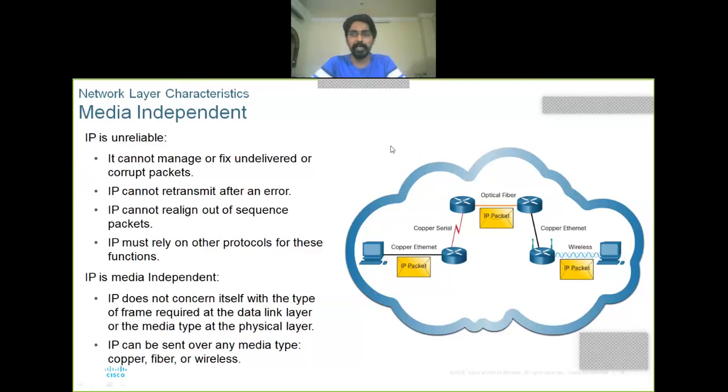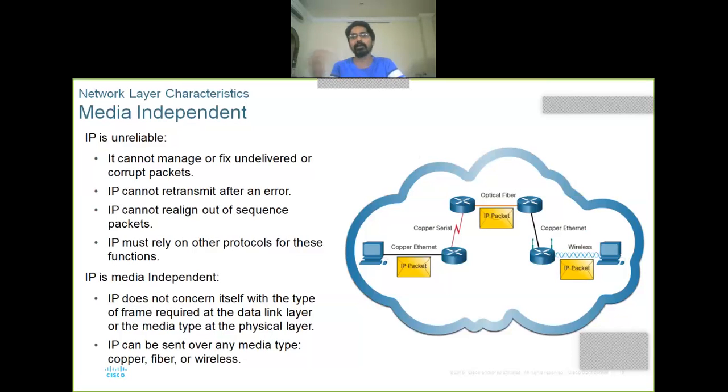Next, media independent. What does media independent mean? Consider our network interface card. It is called media because it needs some media to transmit. A physical media contains either electrical signals or laser pulses. Electrical signal means UTP cable, laser signal means fiber cable.